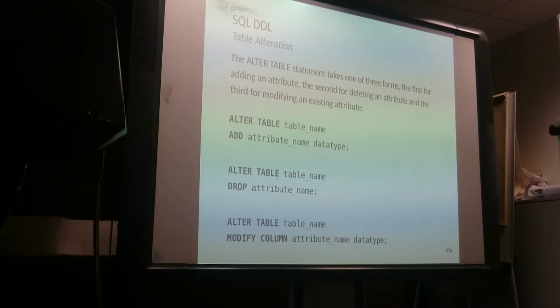Third one, alter table, table name, modify column, and you give the attribute name or the column name, and then the data type. So it allows you to take an existing column and change its data type, provided that the data within the column can be changed. It may fail if the data can't be changed.